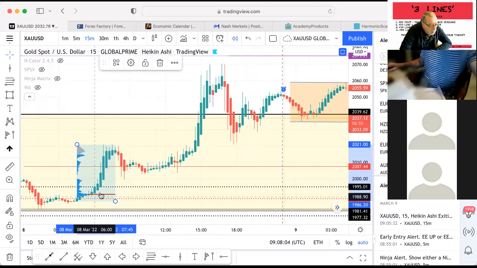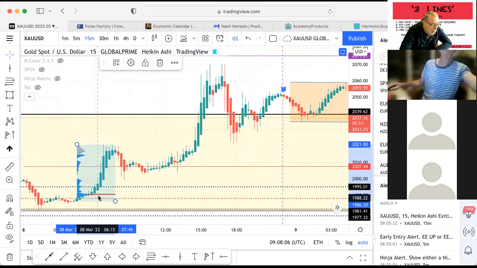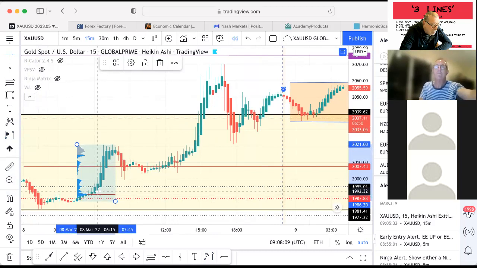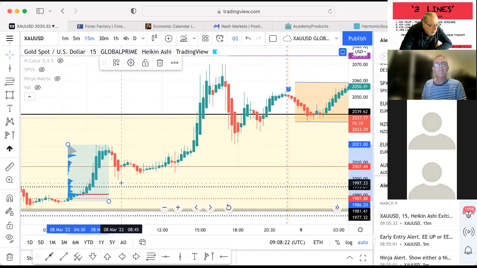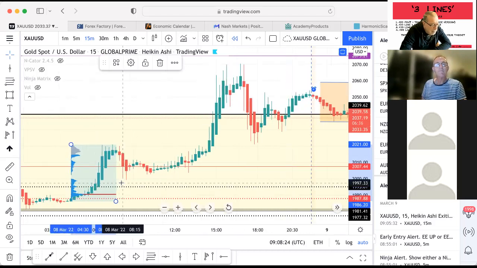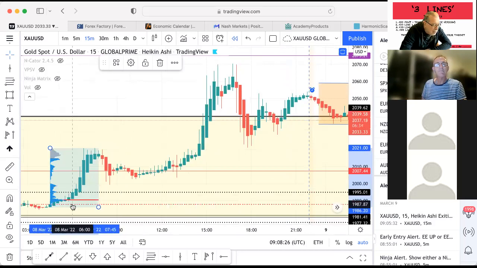So she will be looking to get into a buy, certainly on that candle there, because there's a gap. There's a substantial gap between the point of control and the bottom of that candle. She might have got in at that one because there is still a gap, but she would either have got in on that candle or that candle for a buy.